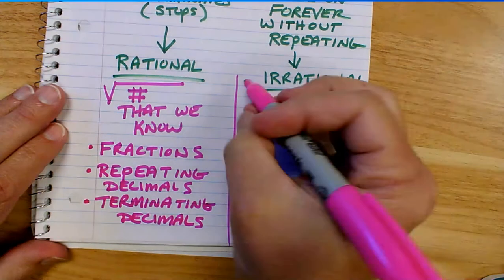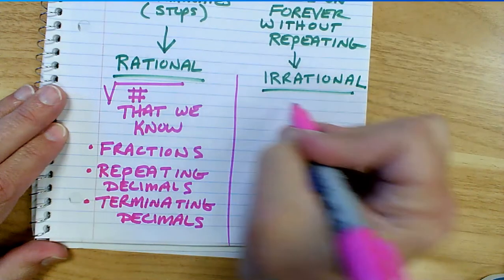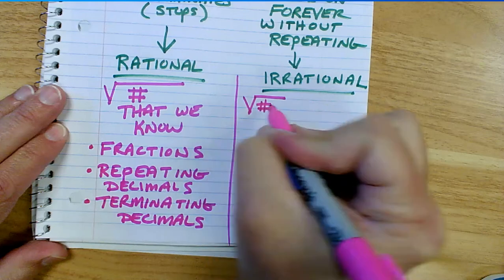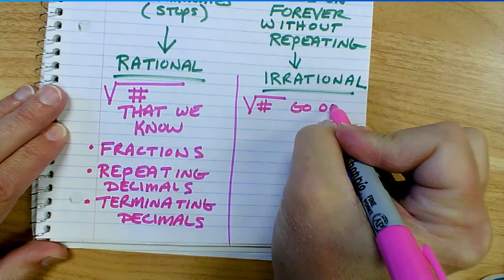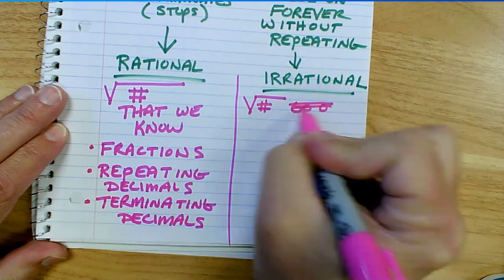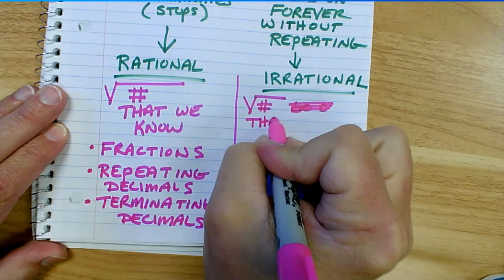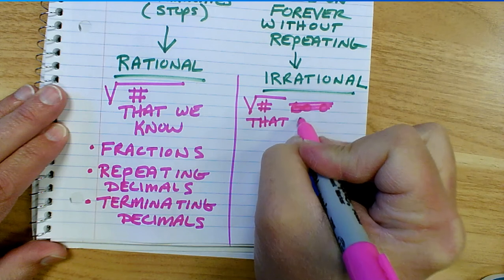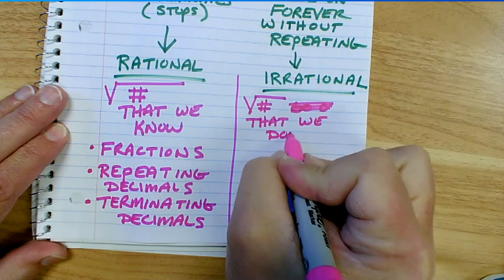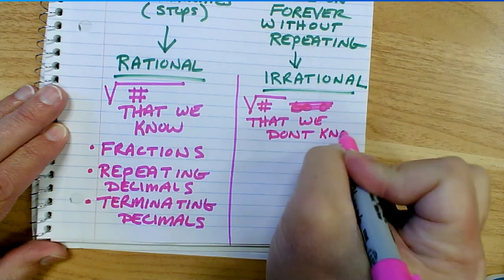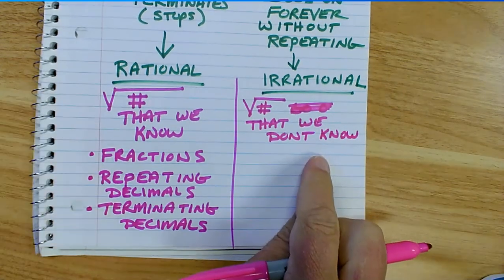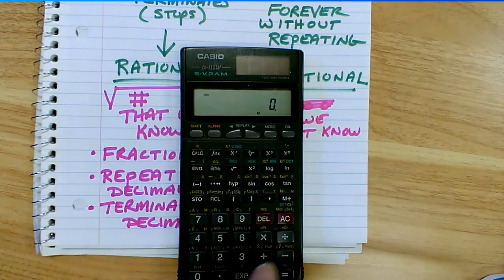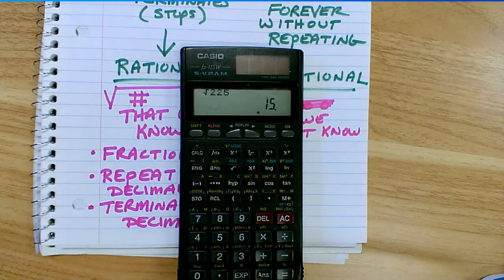Irrational numbers, we already know this type: square roots that go on forever. Or square roots that we don't know. And what I'm saying is square roots that don't work out. Like, you might not know that the square root of 225 is 15, but it is 15.